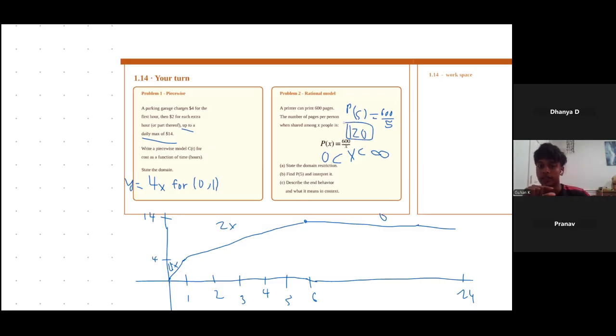And then the interpretation for this is the X is going to be the number of people and the Y is going to be the number of pages, right? So the interpretation for this is here. Let me write a text box.